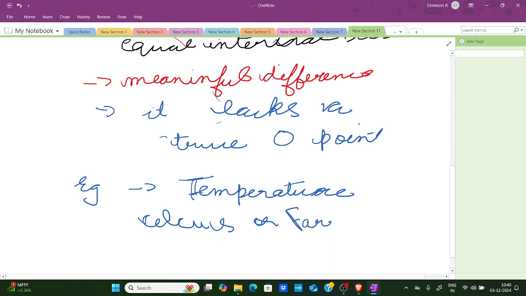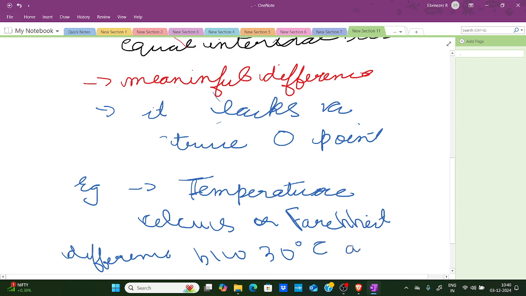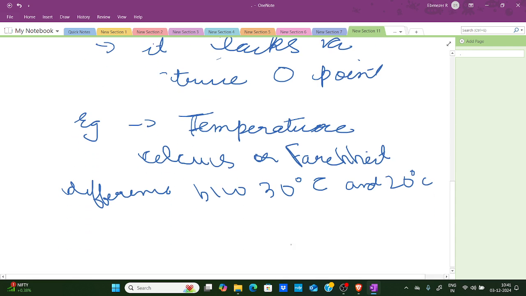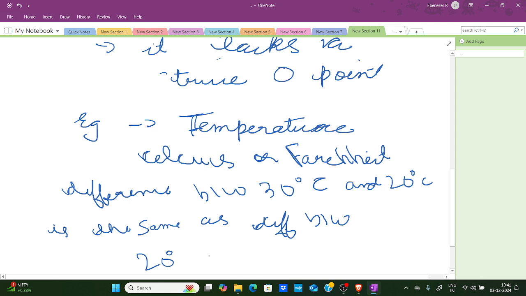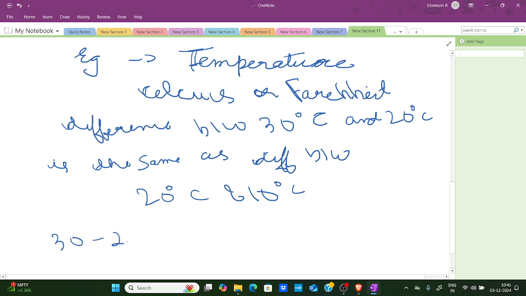We know that the difference between 30 degrees Celsius and 20 degrees Celsius is the same as the difference between 20 degrees Celsius and 10 degrees Celsius, because 30 minus 20 equals 20 minus 10. So this is equal to 10. So we can measure differences over here.